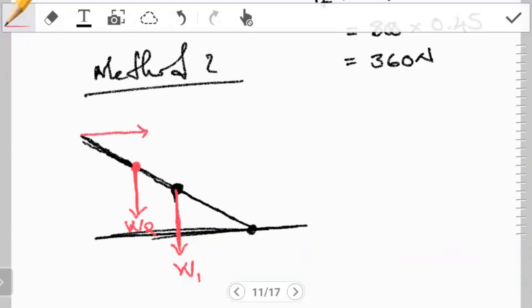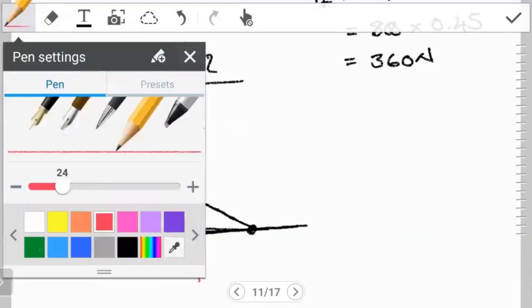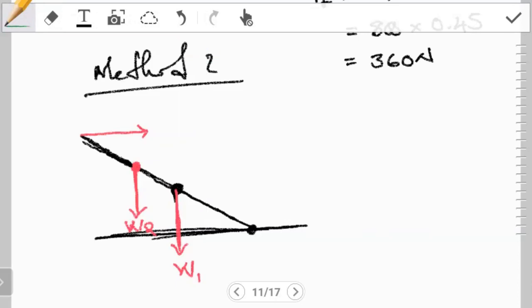Now in this method, I'm going to maintain the length of this ladder, so the dimension of the ladder. I can draw it horizontal this side, or I can just draw it somewhere here the way it is. What I want to do is maintain this to be my x-axis, and anything that is vertical is now along my y-axis.